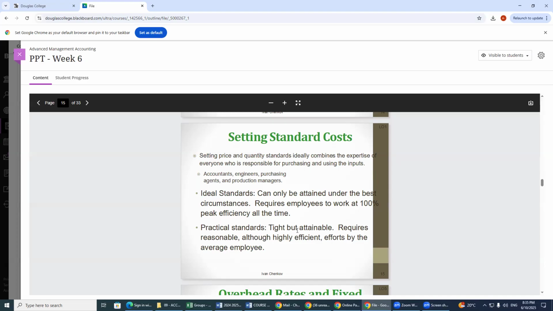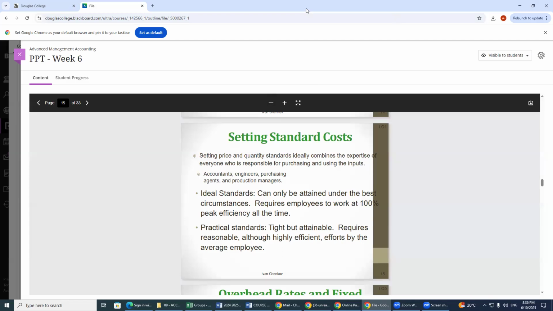So for that reason, we're going to have two types of standards. One standard will be the ideal standard, which can only and only be obtained in the best circumstances. That means it requires employees to work at 100% efficiency for the entire working time.